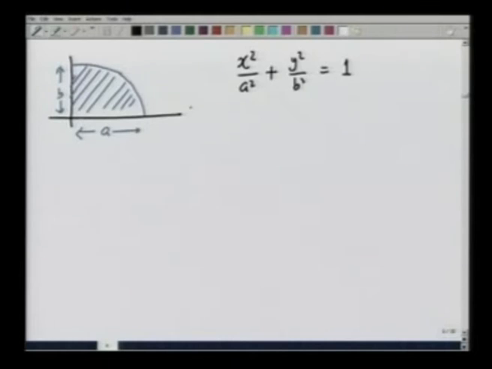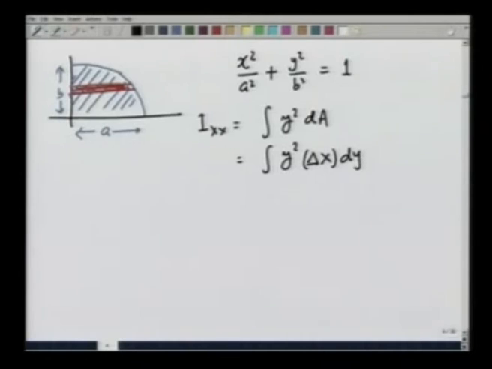To calculate Ixx, which is the integral of y square dA, I choose a strip parallel to the x-axis of width dy and write this quantity as y square. The length of the strip, let's call it delta x, times dy.